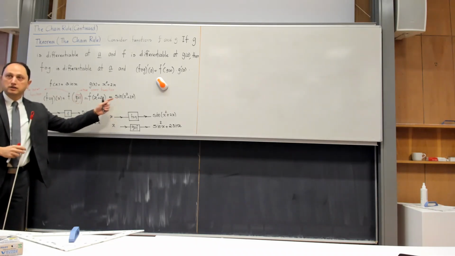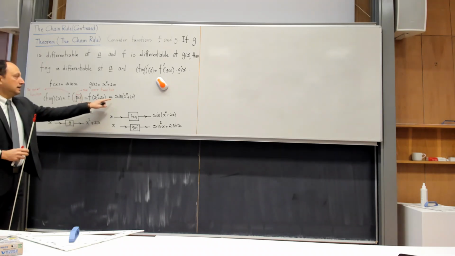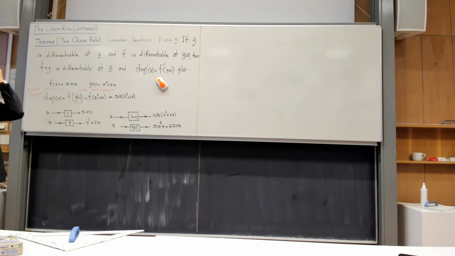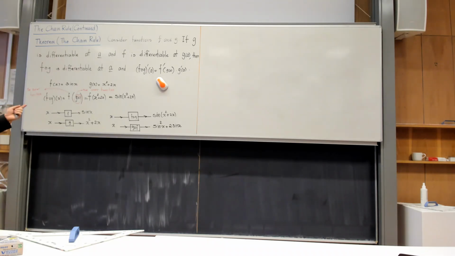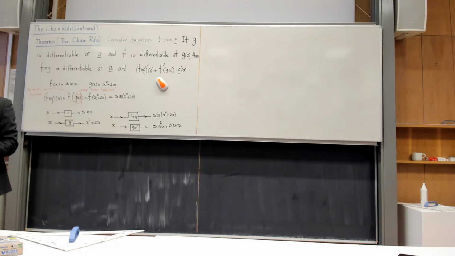Yes? So this means that the chain rule actually has a unique position. Many functions can be written in terms of composition of simpler functions. And if I know how to differentiate the simpler functions, the chain rule will enable me to calculate the derivative of a more complicated function. Is that understandable? Yes? So that's the content.